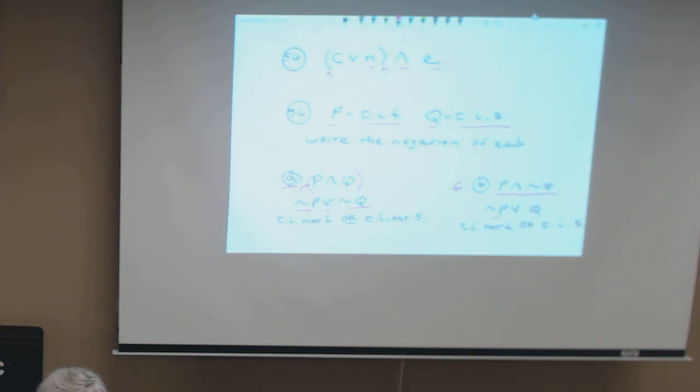Not P or Q. Now read that in words. Today is not Friday or tomorrow is Saturday. If the original statement was false, then that means the negation is going to be true. And it is, isn't it? Today is not Friday, that's false. Or tomorrow is Saturday, that's true.